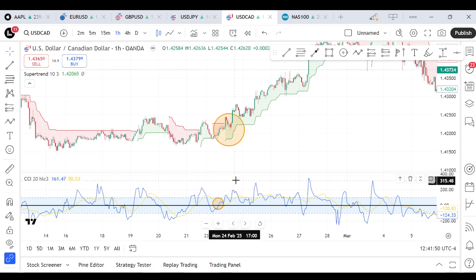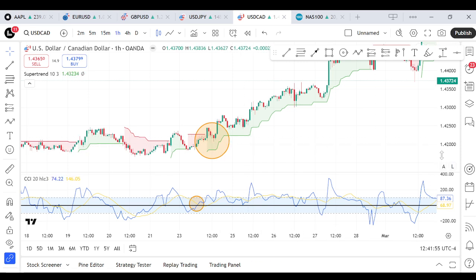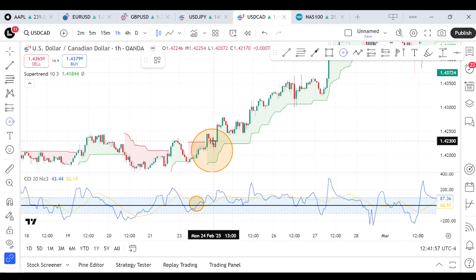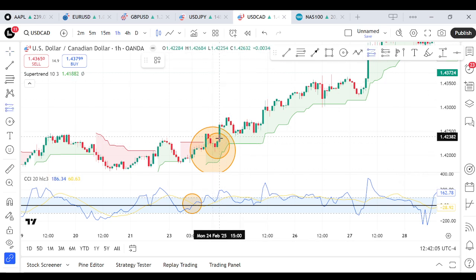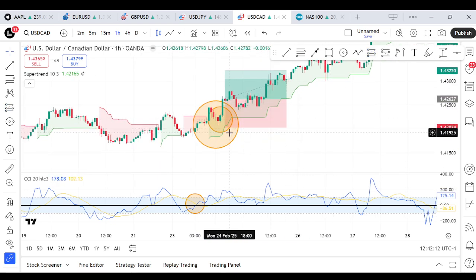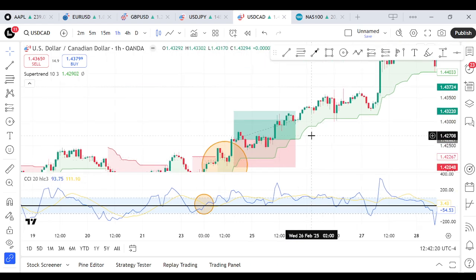Now after this has confirmed, we could look to take a buy entry from that area. We have a bullish engulfing candlestick pattern right here. We also have this pin bar, this hammer-like candlestick pattern. So we just need to take a buy entry at the close of the next candle after our candlestick pattern, and our stop loss should be below the low of our candlestick pattern.